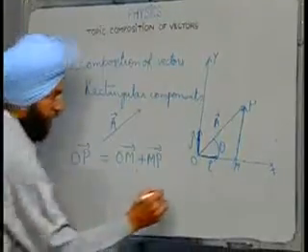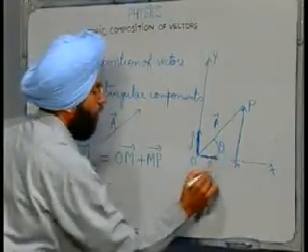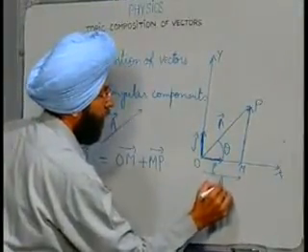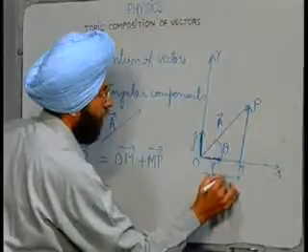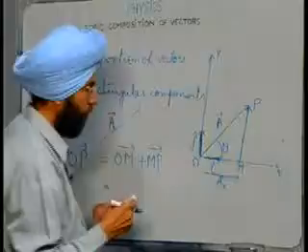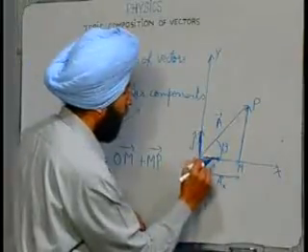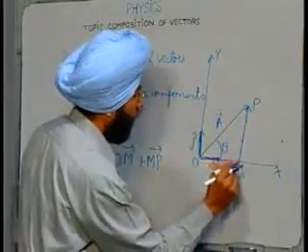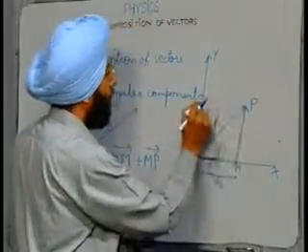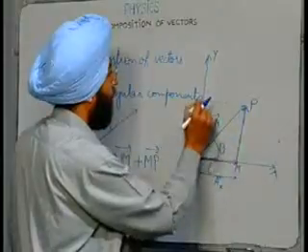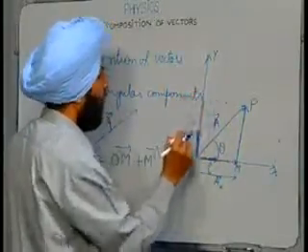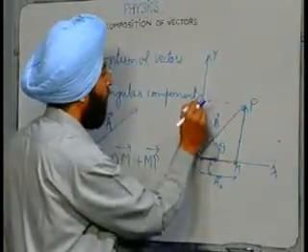We can write this vector as AX vector, OM gives us AX and ON gives us AY vector.